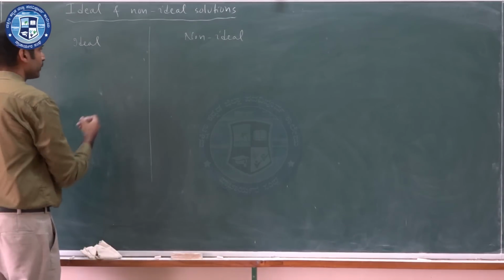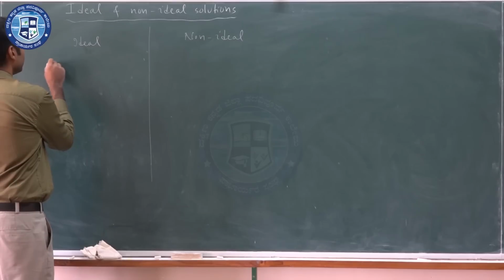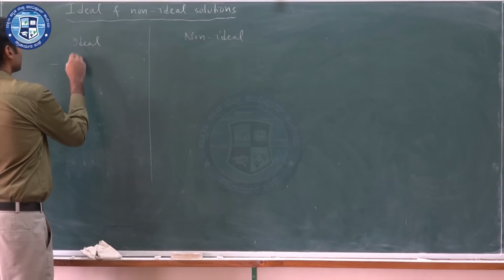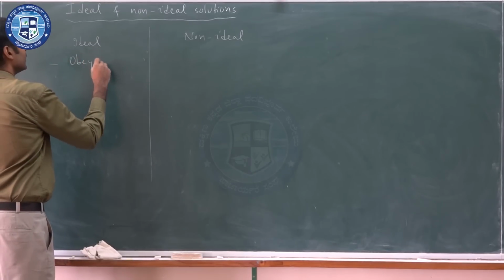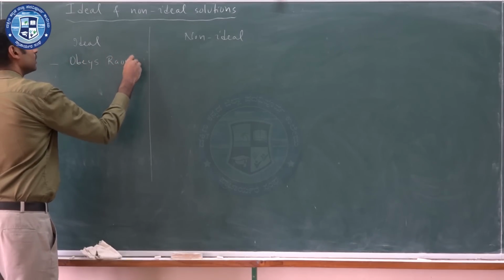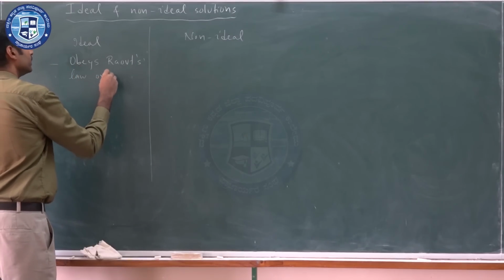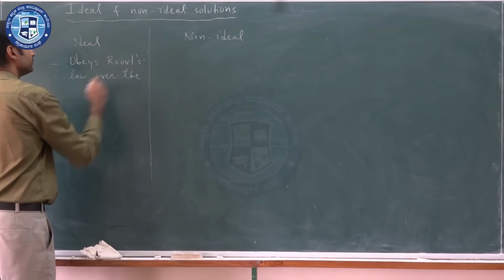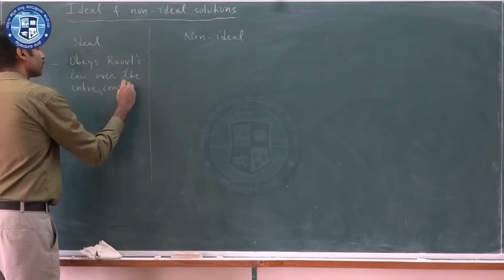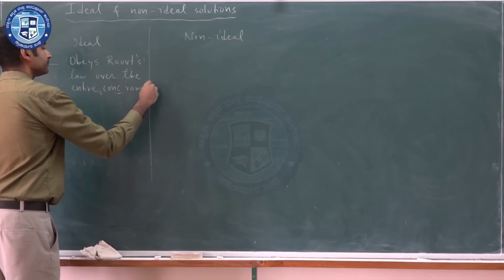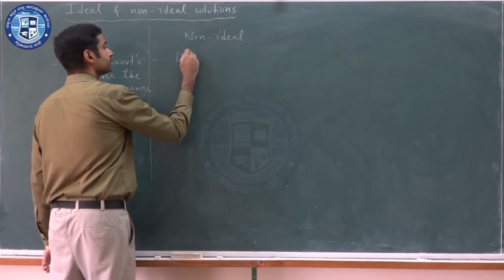So, the first point under ideal and non-ideal solution is that an ideal solution obeys Raoult's law over the entire concentration range, but here Raoult's law is not obeyed.